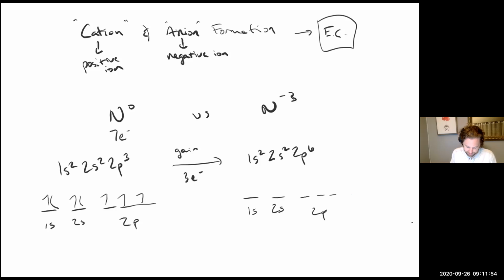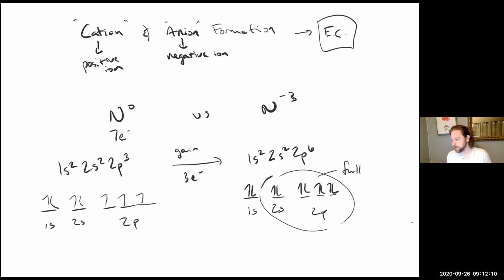With nitrogen, there are 3 empty spots in its p orbital, so it's going to predictably gain 3 electrons and have a full outer energy level. Once this is full, it has what's called a noble gas electron configuration. So it has the same electrons as a noble gas would in its neutral state, and this is stable. That is the goal of ionization: to fill up the outer shell.